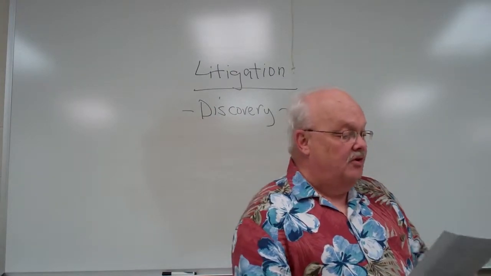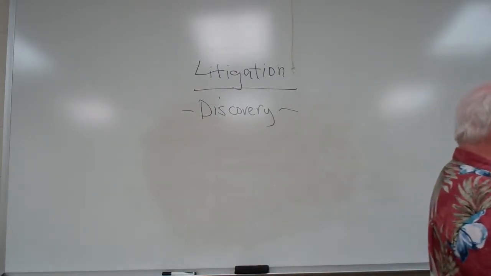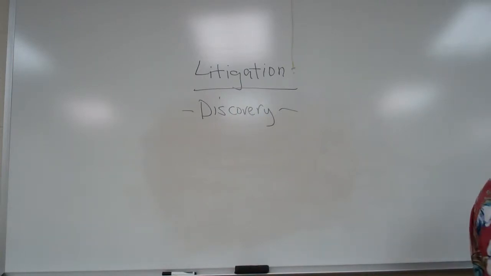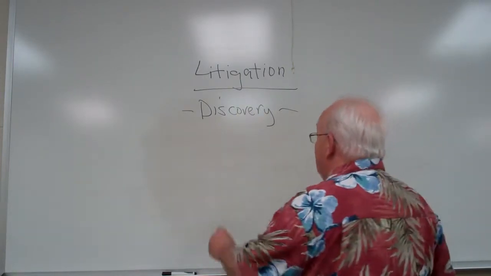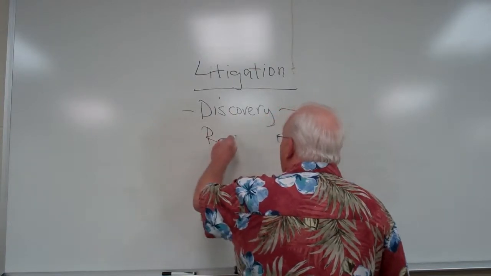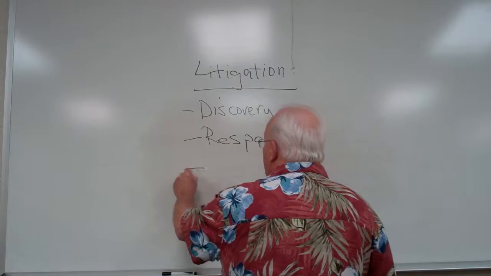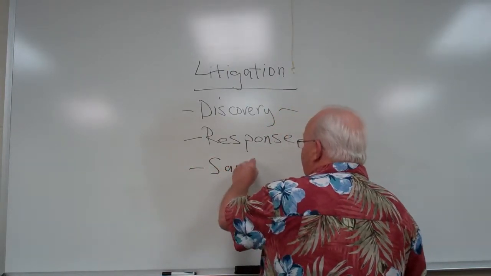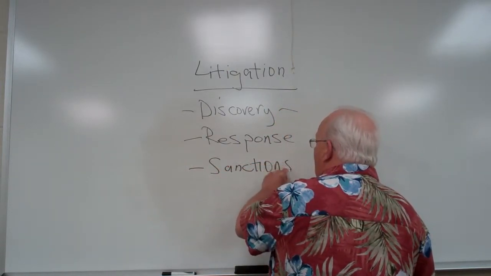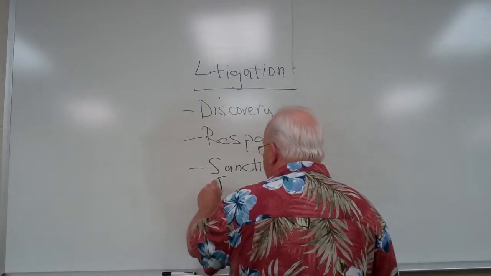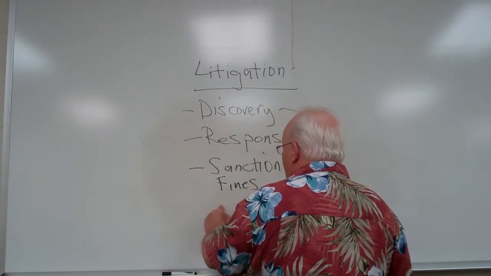And then, of course, if there is a motion, there needs to be a response to the motion. And if there is not a response, then there can be sanctions, okay? Sanctions for failure to respond. That can be fines. It can be attorney fees.